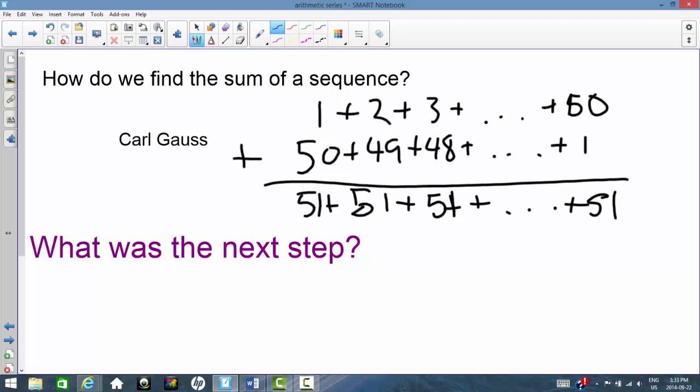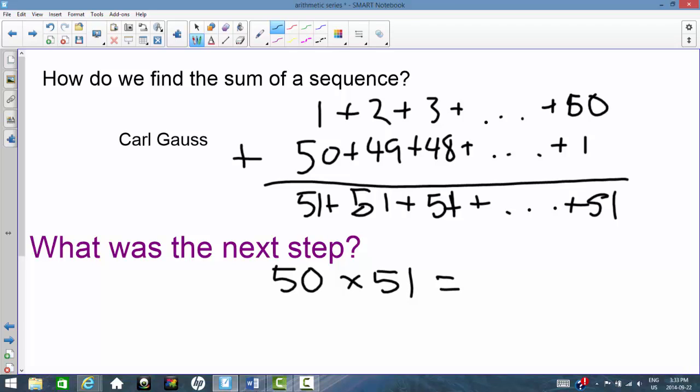Now this is 2 of them added together. So what would be the next step? What would he do to actually find the sum of that 1 through 50? This is where I want you to stop and think about it for a second. So what he did was he said, okay, well, there were 50 terms in the whole thing, and each term added to 51, so he multiplied that.